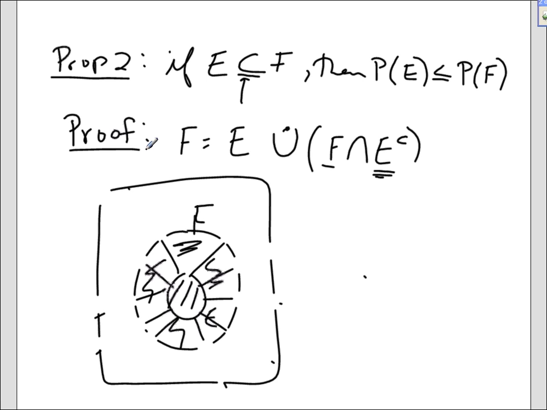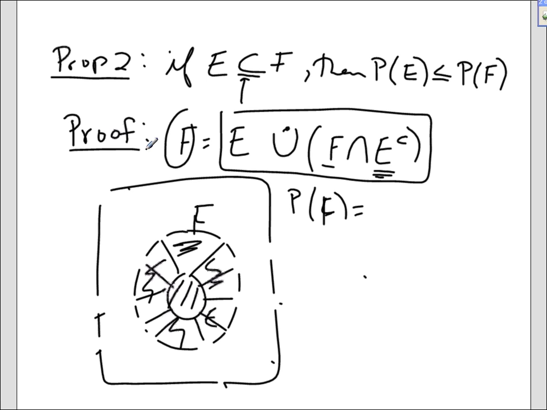So what we can now say is the probability of F is equal to the probability of this. But since these two sets are disjoint, I can take the probabilities separately and add them. The probability of E plus the probability of F and E complement.